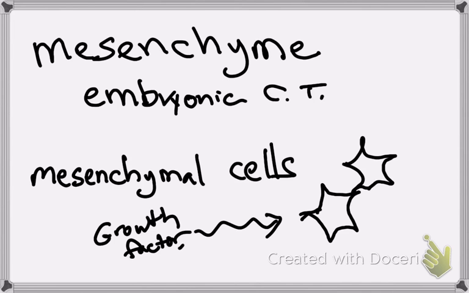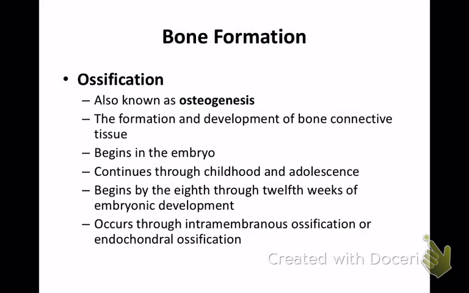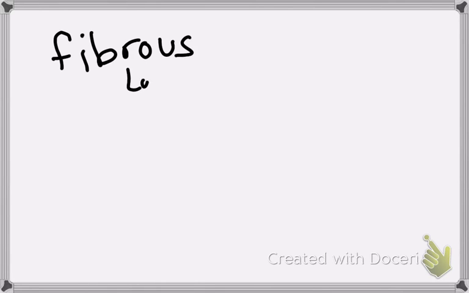So do you remember what the 4 kinds of connective tissue are? Four kinds of connective, what were they? Loose and dense are both one kind. What's the category for loose and dense? Fibrous. It's sometimes called connective tissue proper, but that doesn't really help us much.